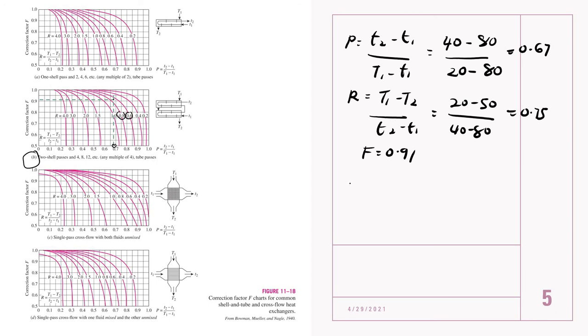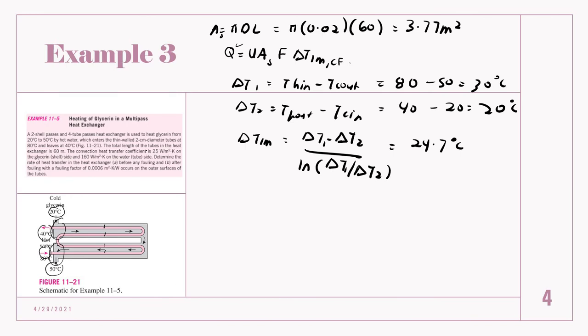Okay, so for case A, we go back to the previous slide. Now we need to get the heat transfer rate for A before any fouling. So at first the condition is when we neglect the fouling factor. Here they didn't provide us with the overall heat transfer coefficient, so we need to calculate it on our own.